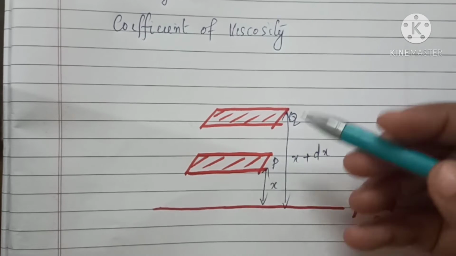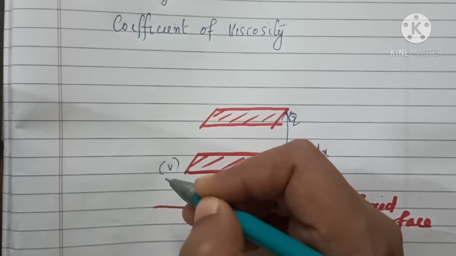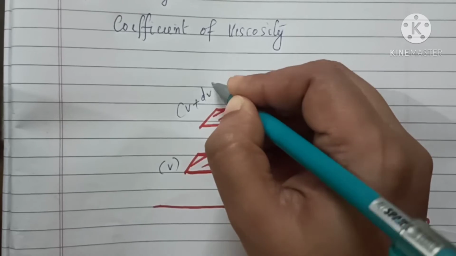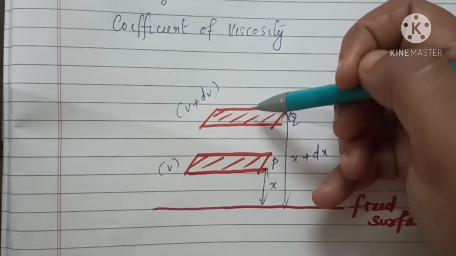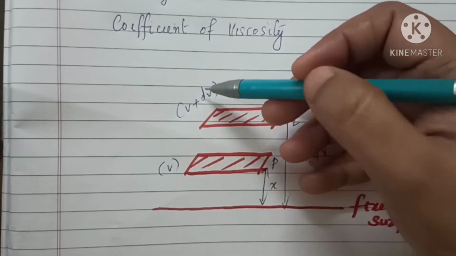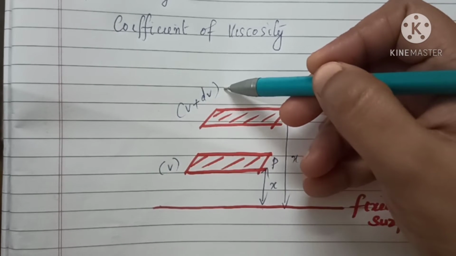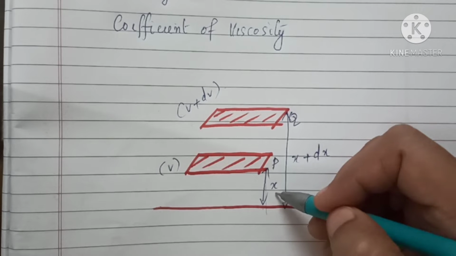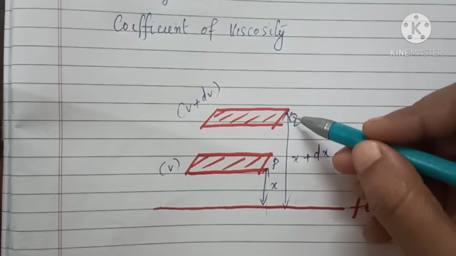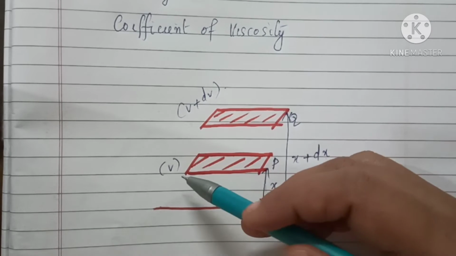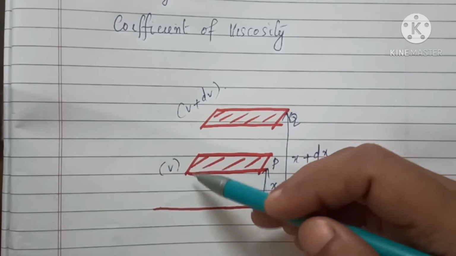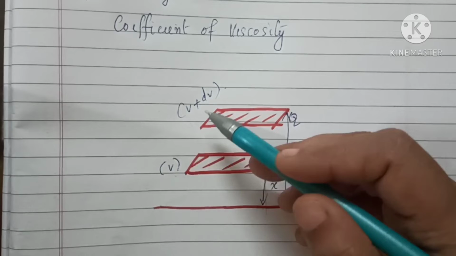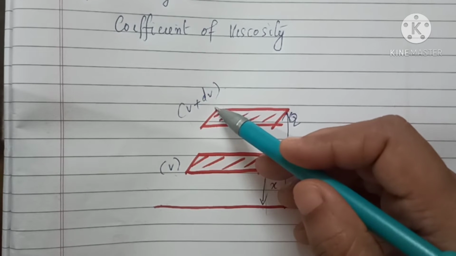So if this layer has a velocity of v, this layer should have a velocity of v plus dv, isn't it? Anyway, this will be more than this v. So I took it as v plus dv. Okay. So from the fixed surface, the distance of P is x and distance of Q is x plus dx. Clear? Also the velocity, as it goes up, the layers have a higher velocity. So it is v, then this is v plus dv.